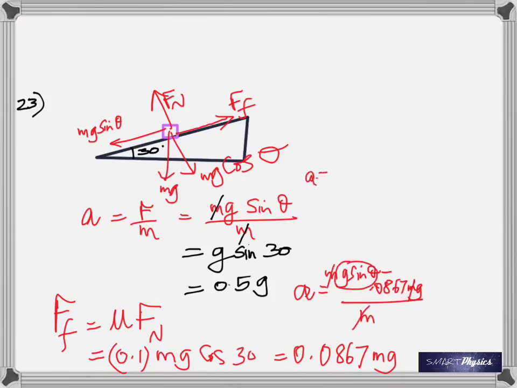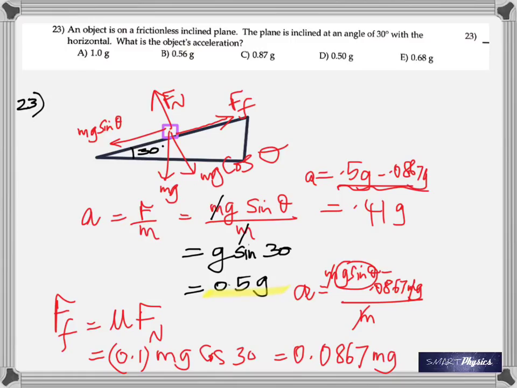Again, mass gets cancelled, and then you would get a smaller acceleration, which is 0.41 g instead of 0.5 g. Makes sense, doesn't it? If there is friction, it's going to be a little bit slower.